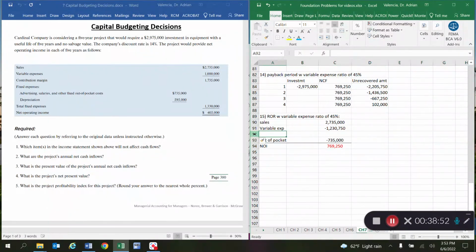So I'm going to include depreciation, and that was minus 595, which means that if we compute the net operating income with the new variable expenses, our net operating income goes from 405 to $174,000.